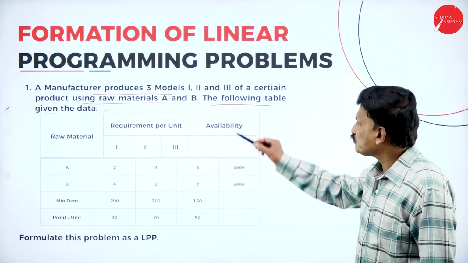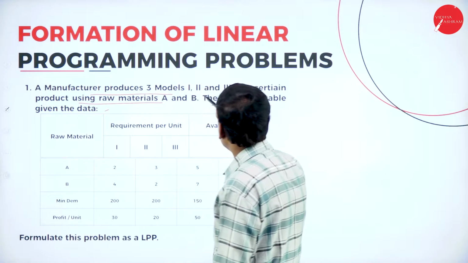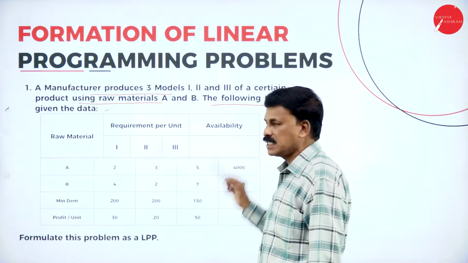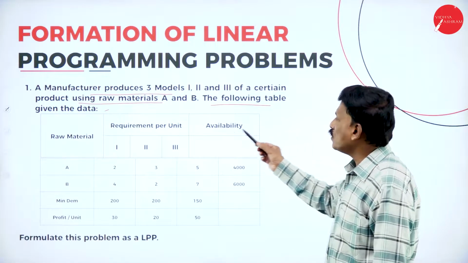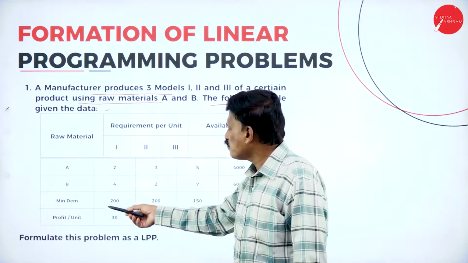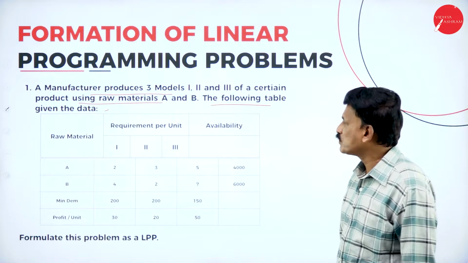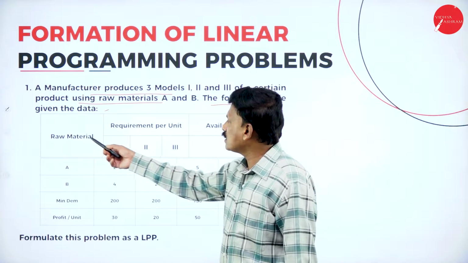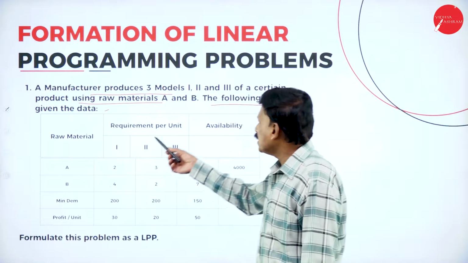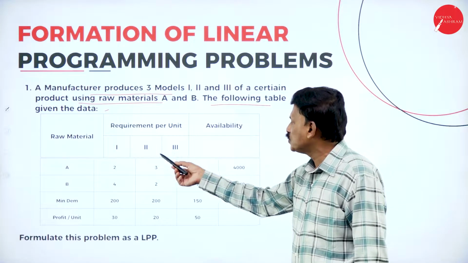Now the question is, just go to the problem. A manufacturer produces 3 models 1, 2 and 3 of a certain product using raw materials A and B. The following table will give the data. Formulate this problem as a linear programming problem. Now, what is the given data? There are 2 types of raw materials A and B. The requirement per unit for the models 1, 2 and 3.